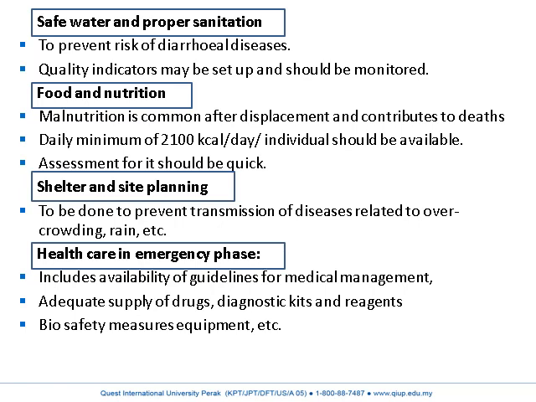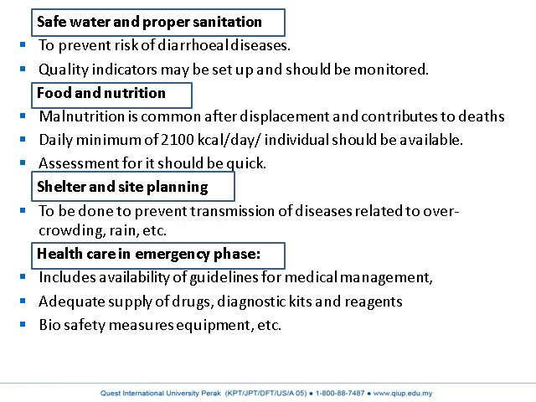Safe water and proper sanitation to prevent outbreaks of food poisoning and diarrheal disease. Safe water and proper sanitation should be there, and quality indicators may be set up and monitored. Chlorination should be done using bleaching powder or chlorine tablets.